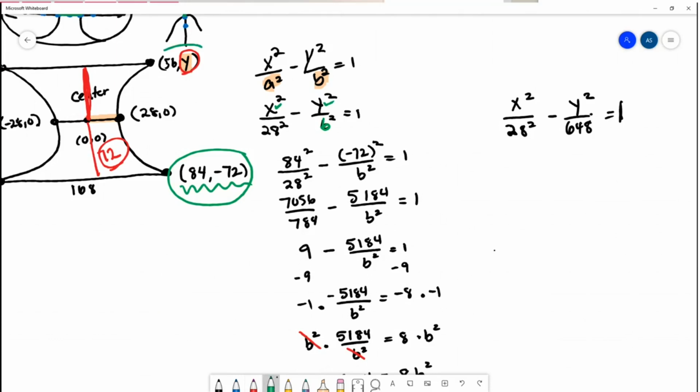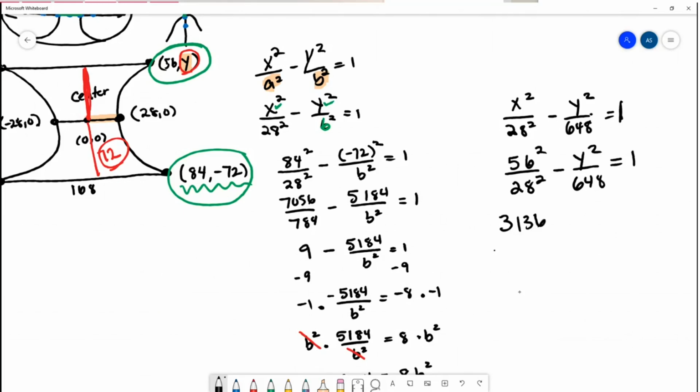I'm going to use this ordered pair and substitute it into the equation and solve for y. That gives 56 squared over 28 squared minus y squared over 648 equals 1. 56 squared is 3,136. We already saw earlier that 28 squared is 784.